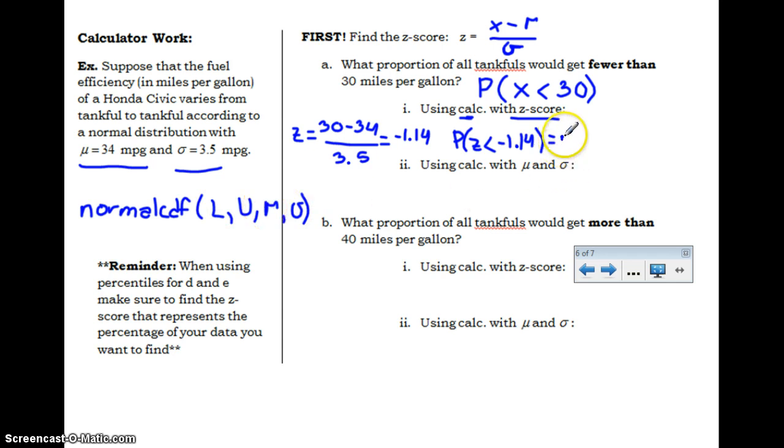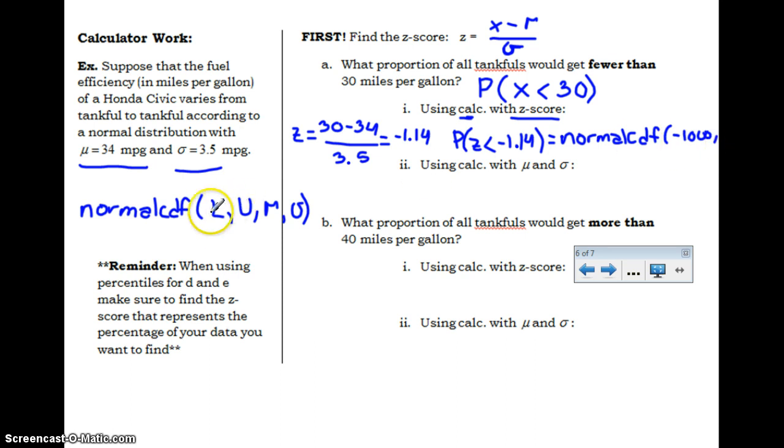So LUMO, I'm going to go to normal CDF, and for us, our LUMO is going to be, it opens parentheses, I'm going to run out of space here, but that's okay. If z is less than negative 1.14, how much less are you? So we're going to pick a very, very, very small number. So we're going to go all the way to negative 1,000.